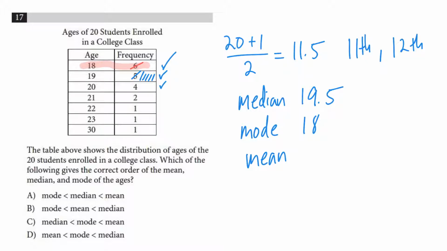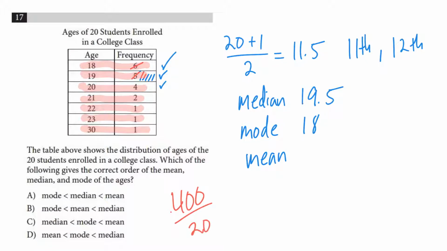So 18 times 6 plus 19 times 5 plus 20 times 4 plus 21 times 2 plus 22 plus 23 plus 30. Okay, that's a total of 400.